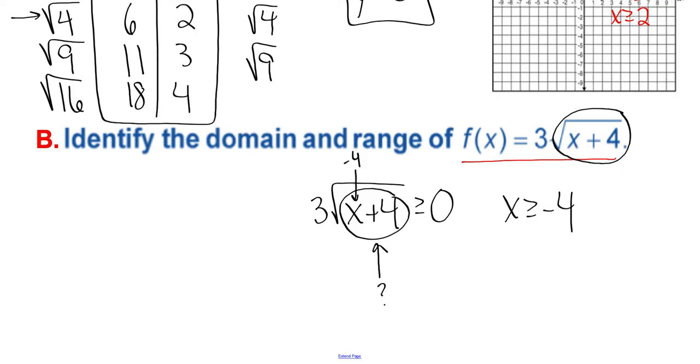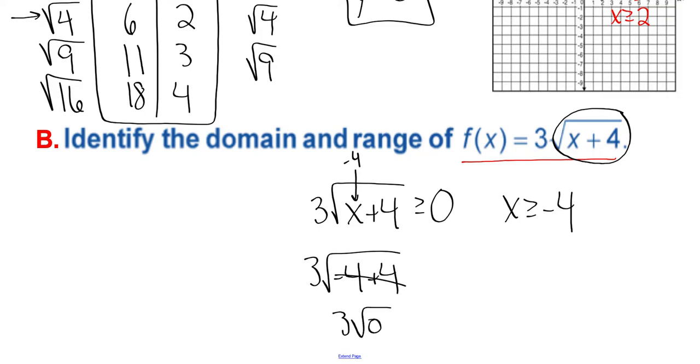Let's get this stuff out of the way. If I actually plugged in that -4 right there, you'd have something like this. That's a 0, so 3 square root 0. That's just a 0. So y has got to be greater than or equal to 0. So that's our domain, and that's our range.